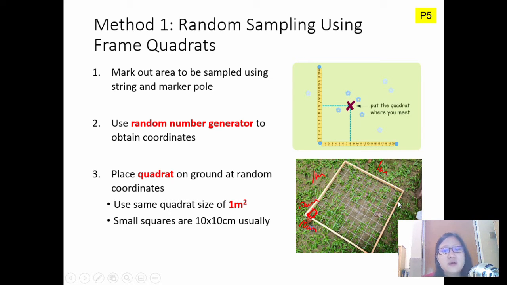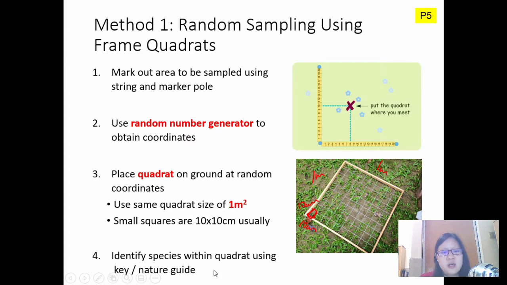Alright, once you put it on the floor, of course you need to identify the species inside, and obviously you cannot know the species of this grass, for example, other than using some sort of picture or googling it or using some nature guide. These are the mark points when it comes to paper 5. A key is basically like a picture with some description.